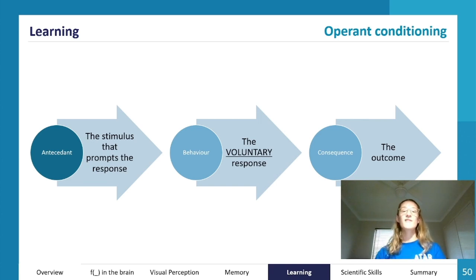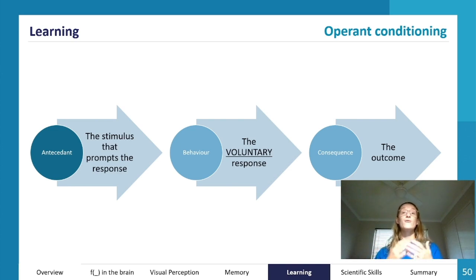So let's go through an example to make that a little bit more sense. If a parent was using the idea of operant conditioning to teach their children, the antecedent, the stimulus that prompts the response, could be two siblings fighting. So the antecedent, the environment, is right for the voluntary behavior response to follow.